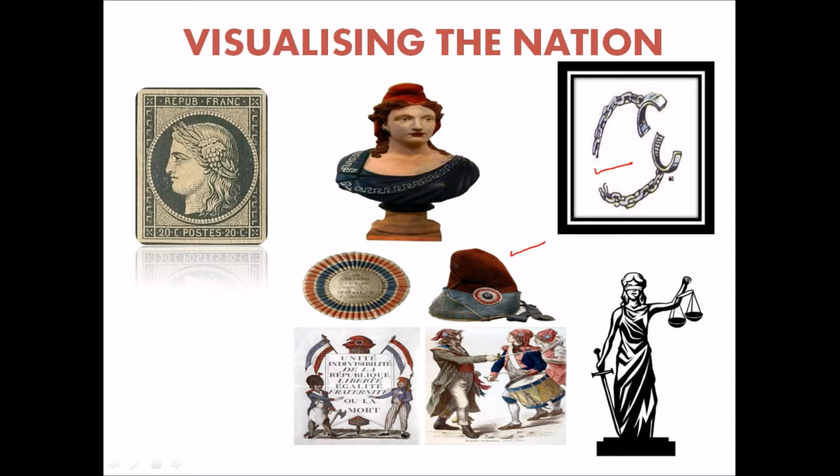For justice, it is generally a blindfolded woman carrying a pair of weighing scales. So, various female allegories were invented by artists in the 19th century to represent the nation.